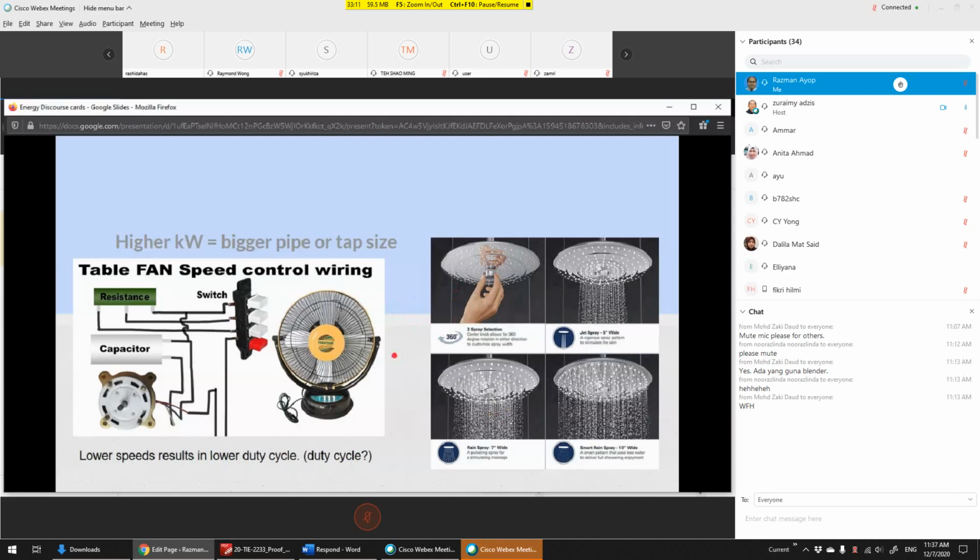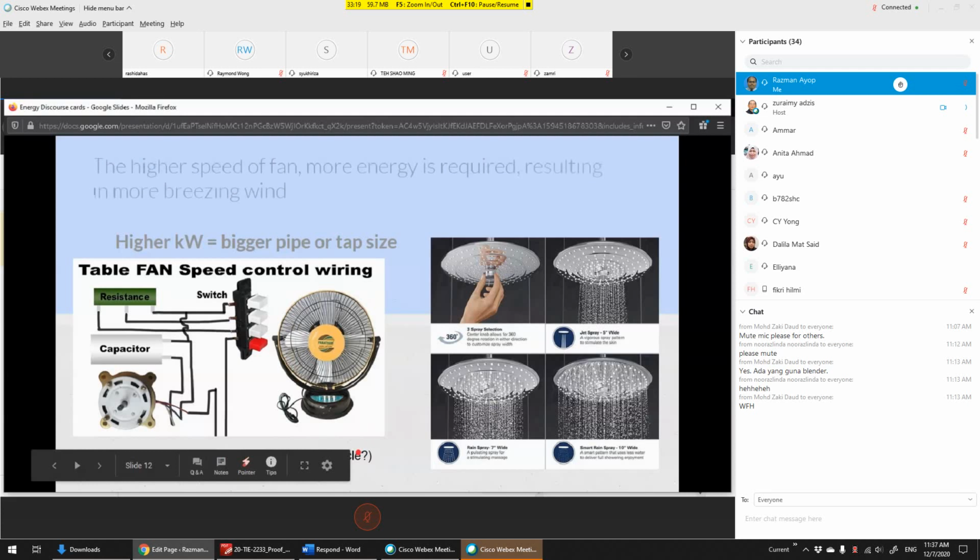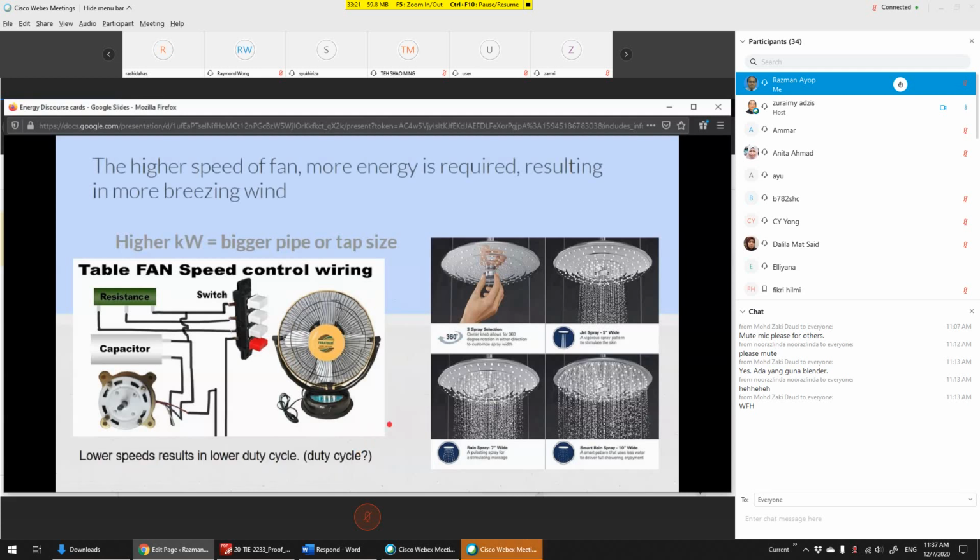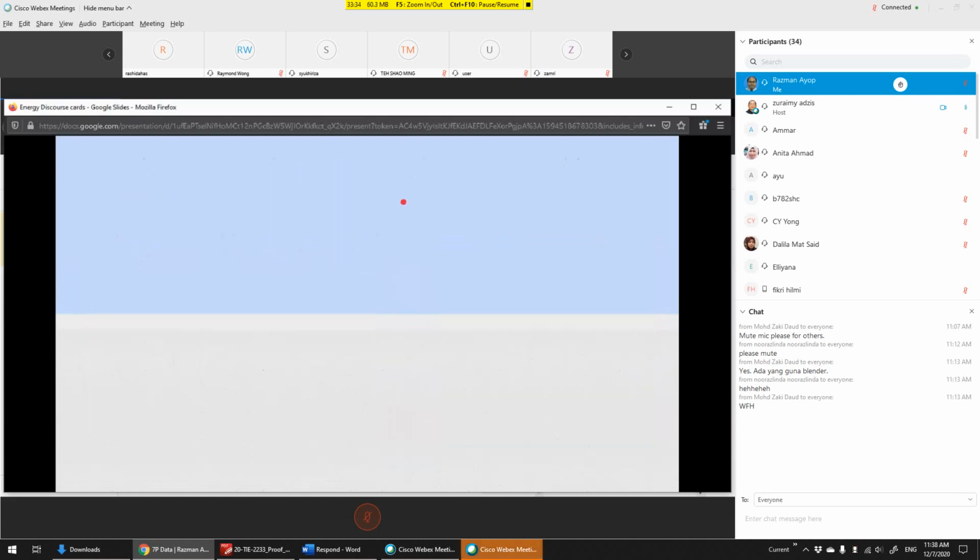Okay, so here comes, sekarang datangnya perkara berkenaan duty cycle. Okay, this duty cycle. Alright, lower speed results in lower duty cycle. Higher speeds, higher duty cycle. Okay, so take note of that word first, duty cycle. Berpusing-pusing dia. Alright. Next slide.